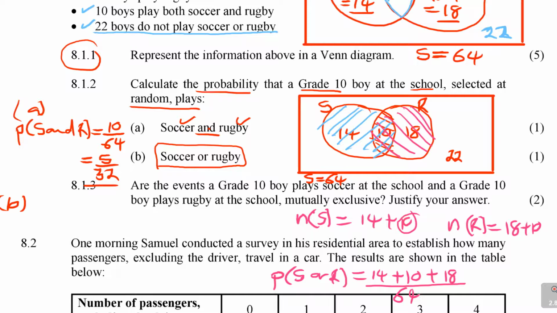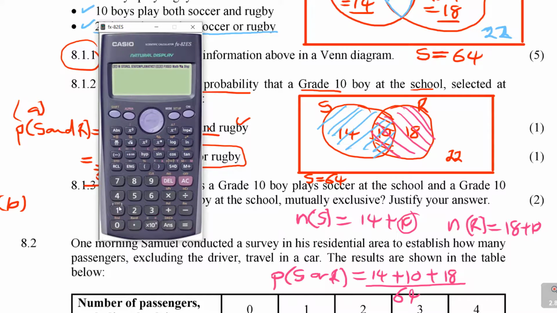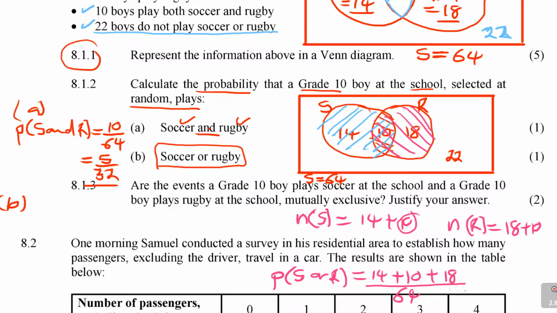Adding 14 plus 10 plus 18 gives us 42. So you've got 42 over 64.